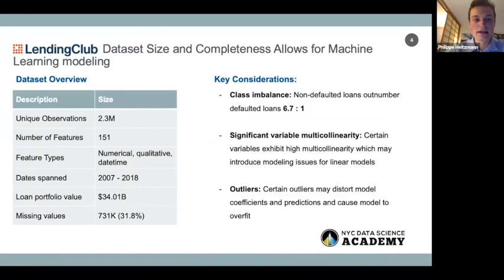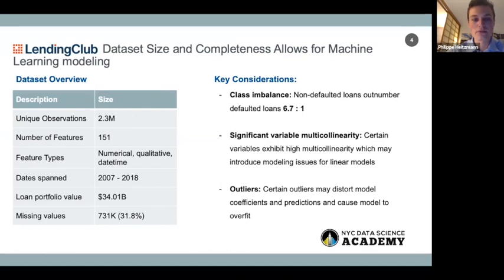Taking this data, the LendingClub platform provides publicly a data set comprised of 2.3 million observations of loan applications that were made between the years 2007 and 2018. So this is a lot of data to deal with. There are 151 features that encompass numerical, qualitative, or date-time variables that are available to investors for each of those observations.